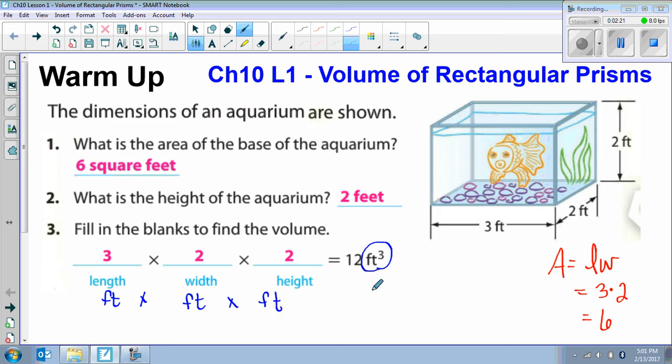Just the same as if we had 2 times 2 times 2, and we wanted to write that using exponents, that would be 2 to the 3rd power, or 2 cubed. Here we have feet times feet times feet. That would be feet cubed.